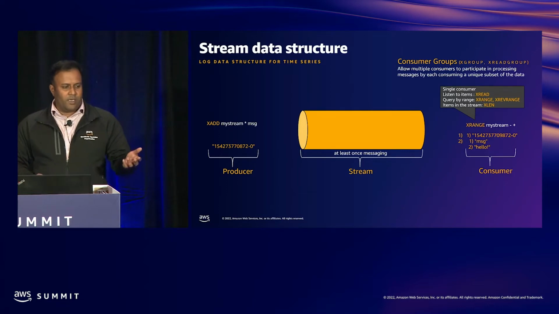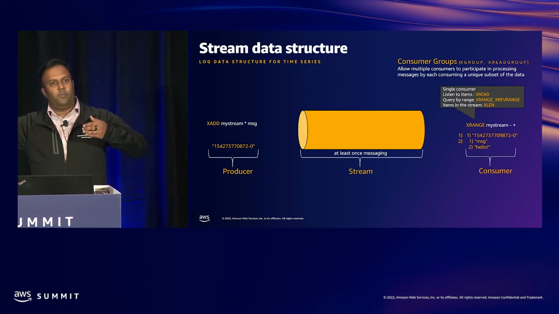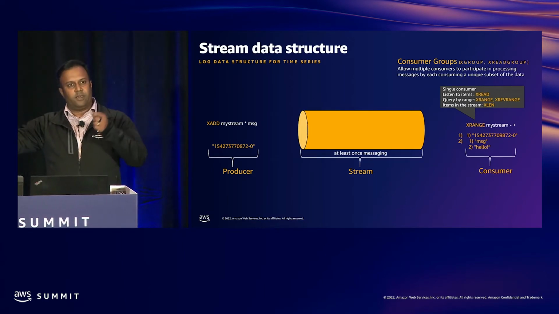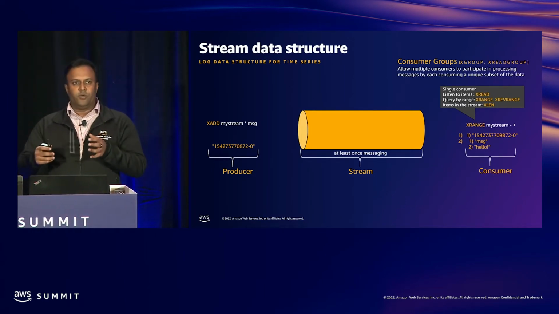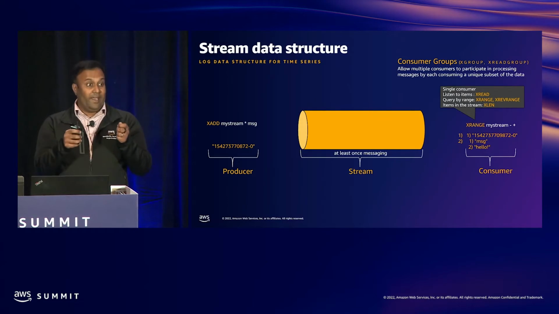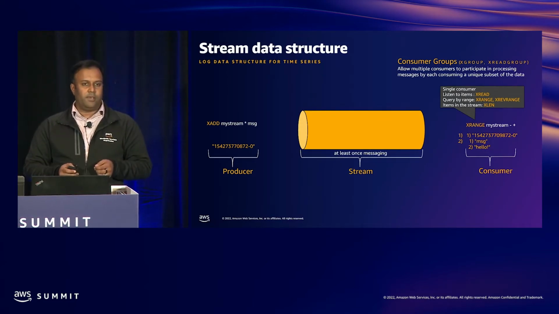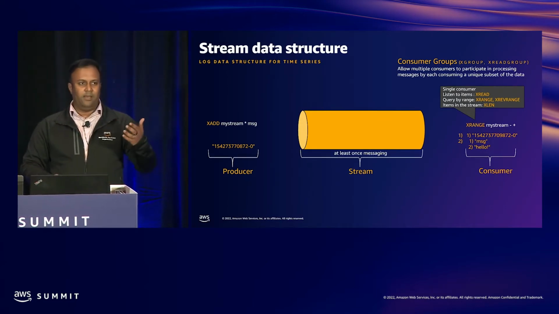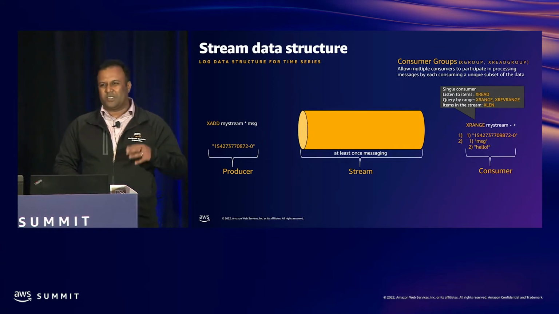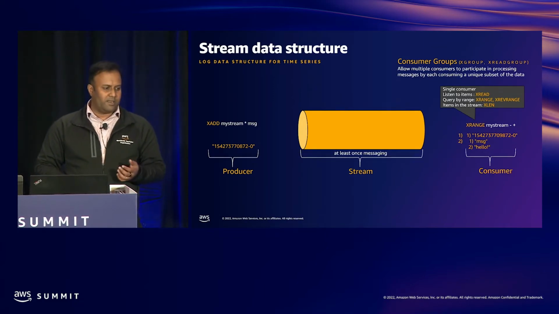So you would use XGROUP and create a consumer group, and you can add more and more consumers in the consumer group, and each consumer group consistently gets the whole data, and till you do an XACK where you're acknowledging the message, it's not removed from the pending entries list or PEL.